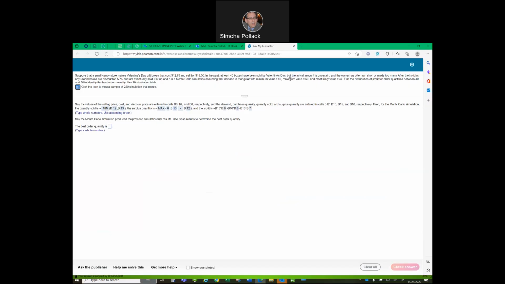If you plug in the right numbers into the formula, the computer will pick out data like 43, 49, 46, 47. It's going to pick out numbers for the demand, which of course has to be a whole number.